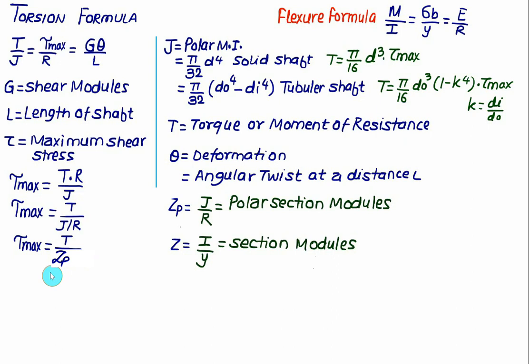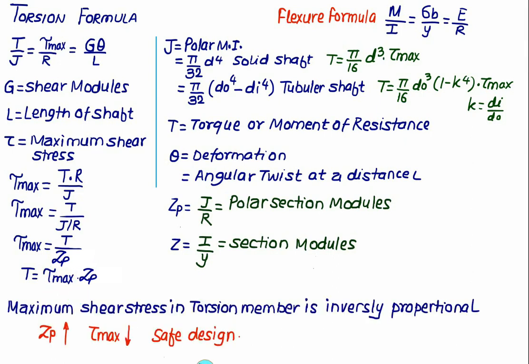This equation we can use for comparing two sections with two different diameters, or two hollow sections with different inner and outer diameters. So torque will be equal to the maximum shear stress multiplied by the polar section modulus. From this equation we can conclude that the maximum shear stress in a torsion member is inversely proportional to the polar section modulus.